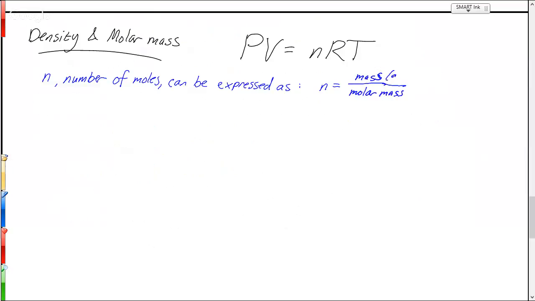Right? Because mass is in grams and molar mass is grams per mole. So if you divide grams by grams per mole, you've got moles.